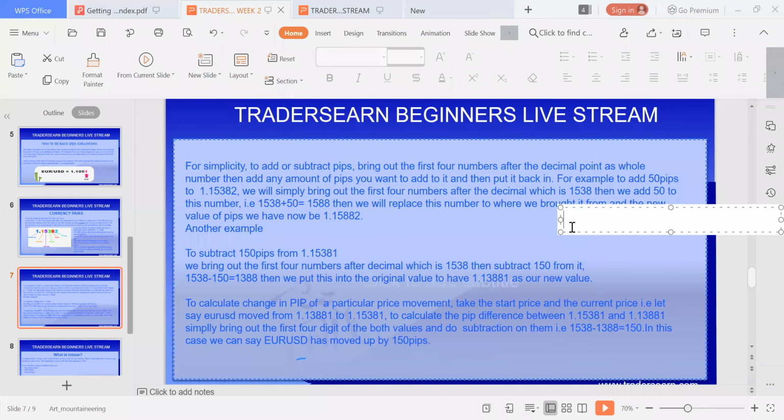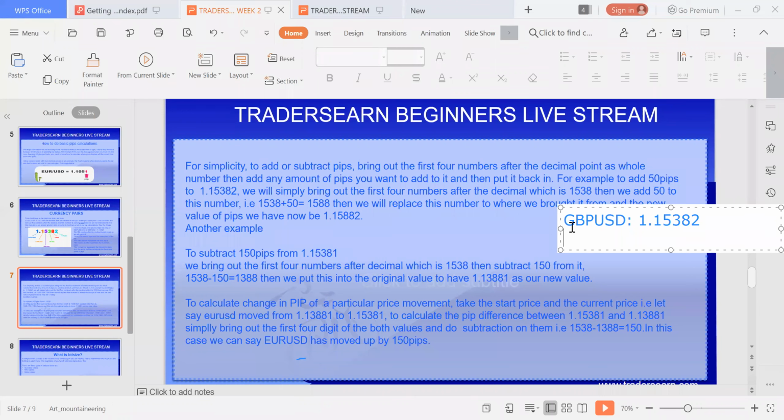Okay, let's say I have this number, 1.15382. That is the value of GBPUSD. After my trade plan, I have it in my plan that I don't want to lose more than 50 pips.